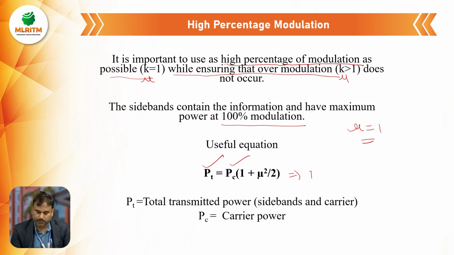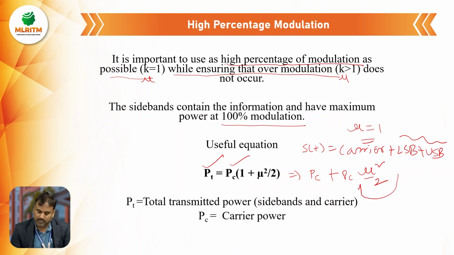If you split this equation, it is PC + PC mu²/2. We already know s(t) consists of the carrier as well as the lower sideband and upper sideband. The lower sideband and upper sideband power is PC mu²/2, and the carrier power is PC. This is the way of finding the upper sideband, lower sideband and carrier power components.